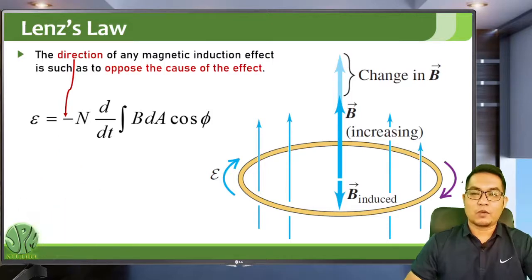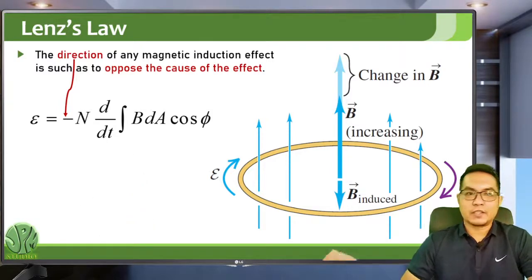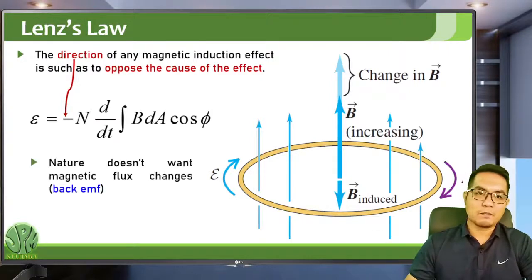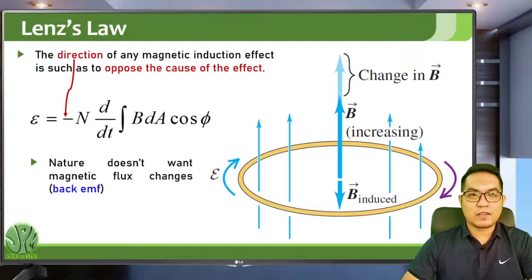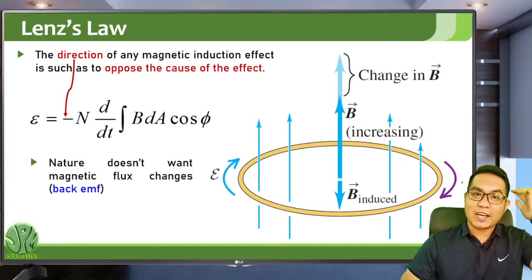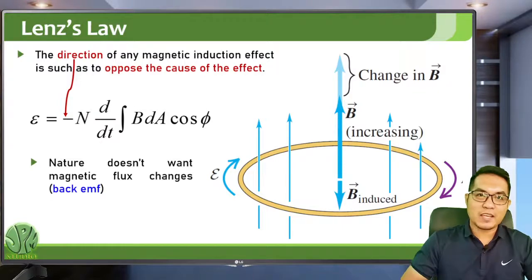When you say negative, it's always opposite the cause of the effect, opposite the change in flux. If the flux is changing in one direction, then the induced EMF is in the opposite direction. This implies that nature doesn't want magnetic flux changes. If you change the magnetic flux in a coil, then nature will counteract by giving a back EMF.